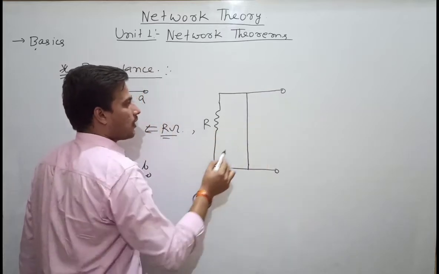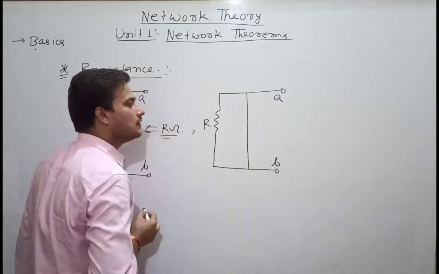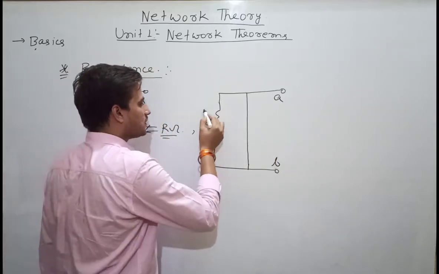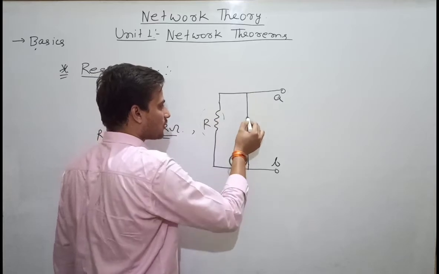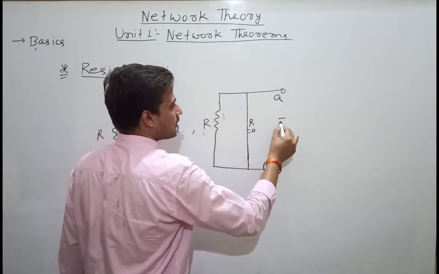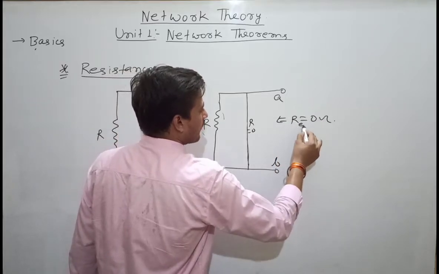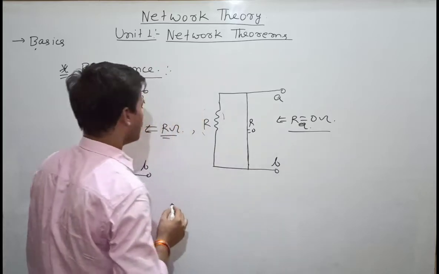Now if someone asks you to find the resistance across the AB terminal, you see the resistance of this path is R, but here it is short circuited, means resistance 0. So R equivalent will be equal to 0 ohm.